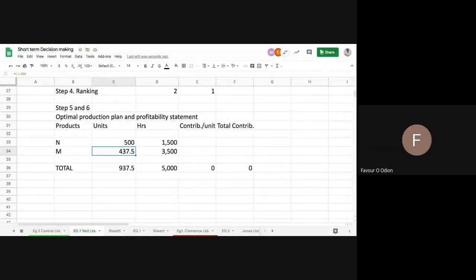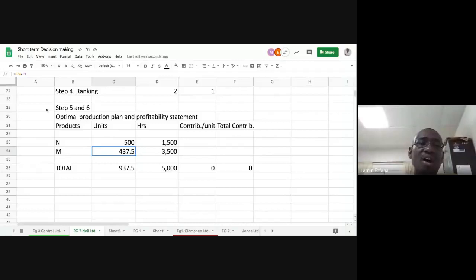Okay, so now this is our optimal production plan. Our optimal production plan is saying, what product do we need to produce first? What units? And how are we going to use our scarce resource to produce those units?